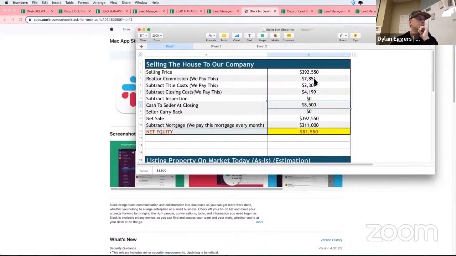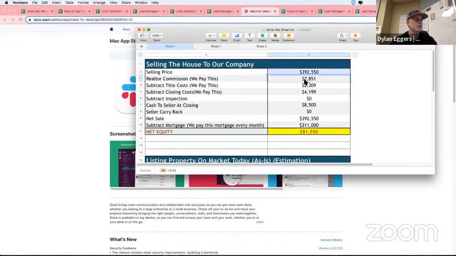Just to go over this with you guys, I am offering to pay this listing agent 2%. Once I figure out my net sale, 392,550, it populates down here and automatically calculates 2% of the selling price.